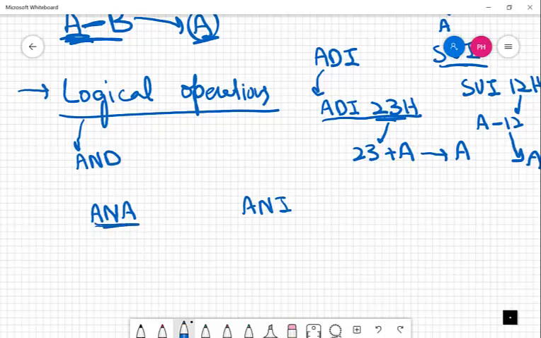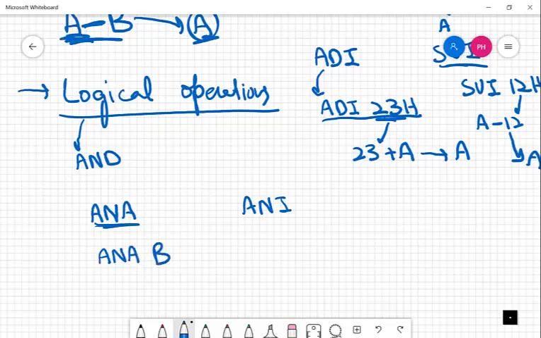So how does this work? AND accumulator is similar to the add, but it will do the logical operation AND. So I can write something like this: ANA B.